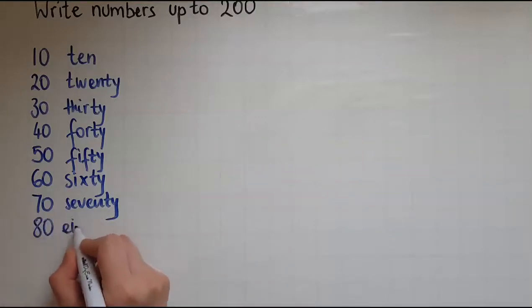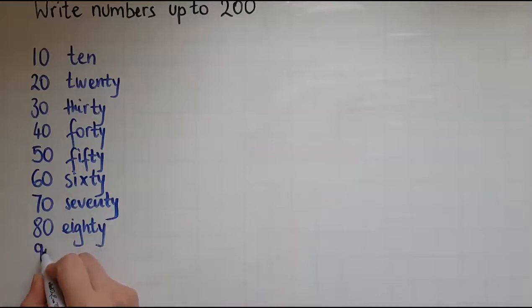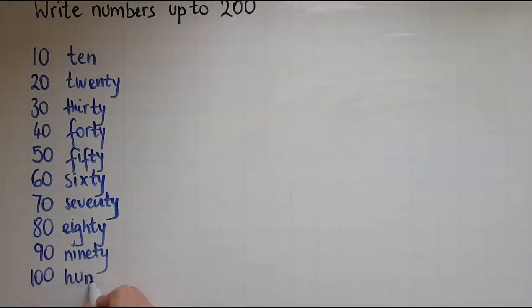80, 90, 100. Two hundreds. So 2 lots of 100, which makes 200.